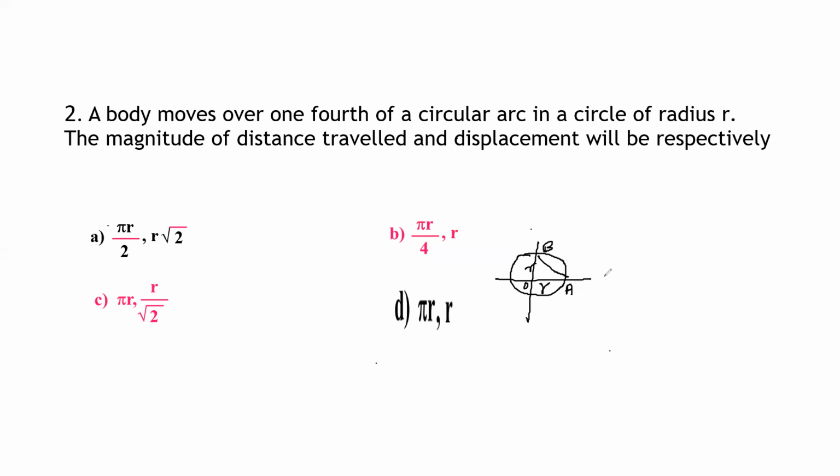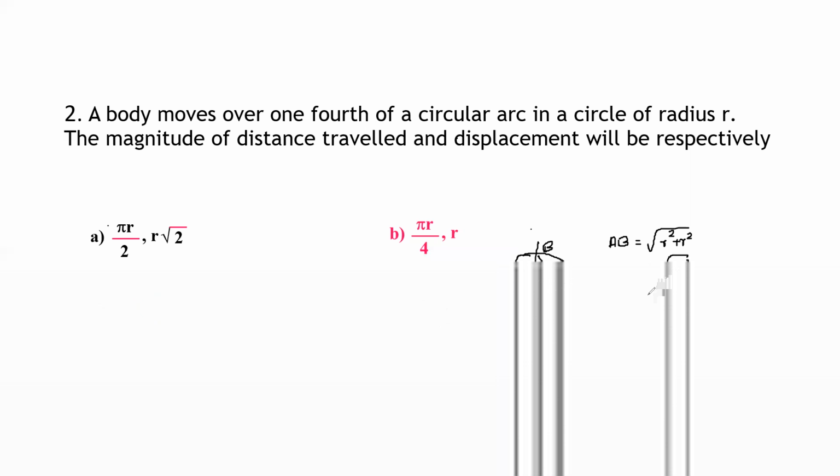When the particle starts from A to B, the displacement is given by AB equal to under root of R square plus R square, which is root of 2 R square, that is nothing but R root 2.